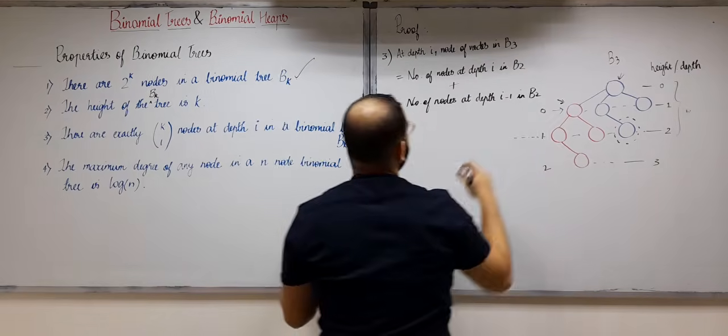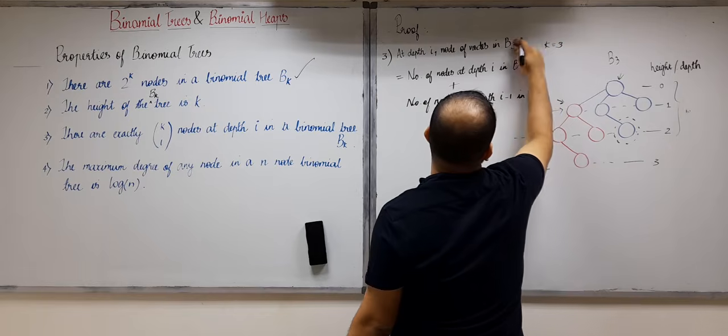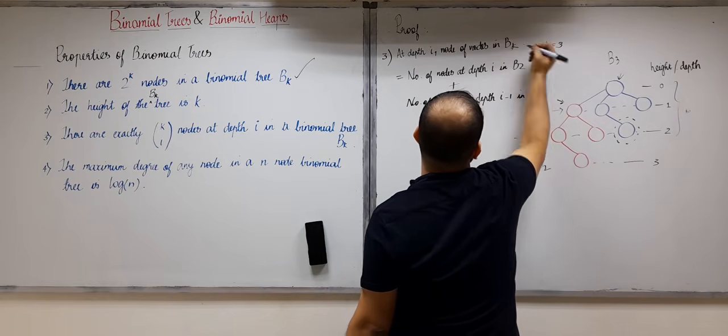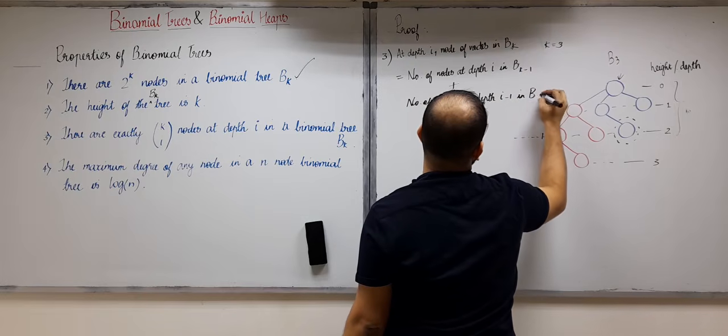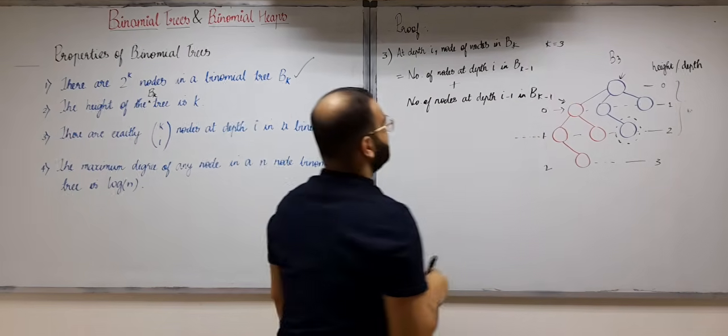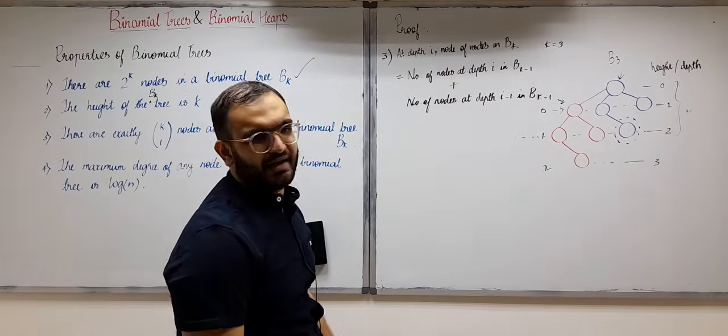right? So I'm making this a general formula where my k is equal to 3. So instead of 3 I'll write Bk, and here I'll write Bk minus 1. Again here I'll write Bk minus 1, when my k is equal to 3. So this is the formula that we understood with the help of that example.